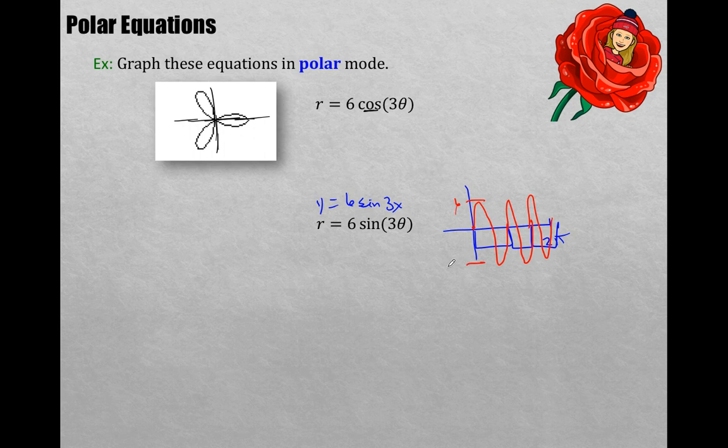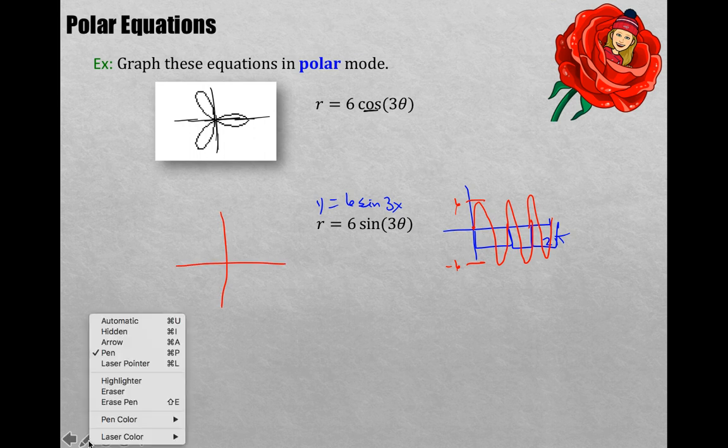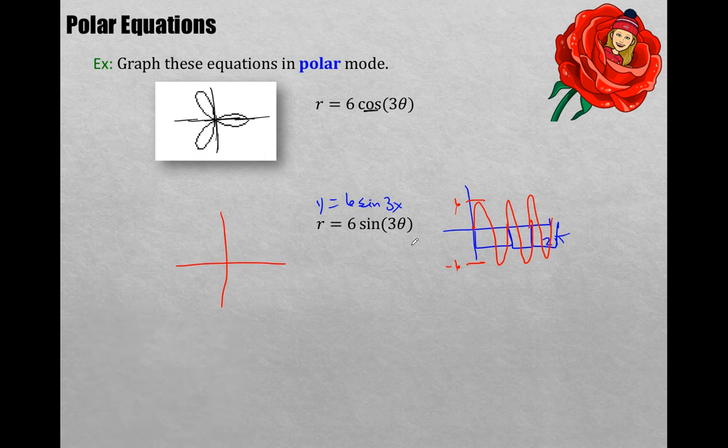With a height of 6. So think about that in polars. What's that going to look like in polars? What is 0? Sine of 3 times 0 is 0. Sine of 0 is 0. 0 times 6 is 0.